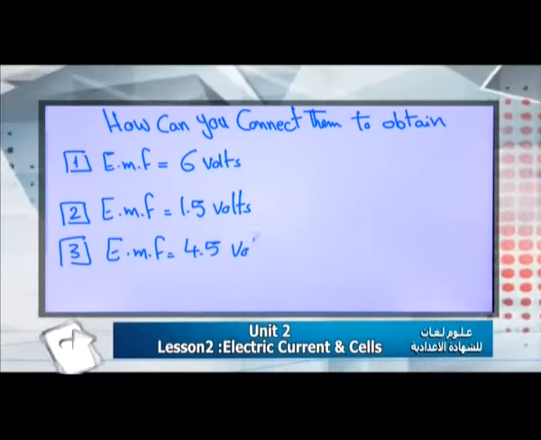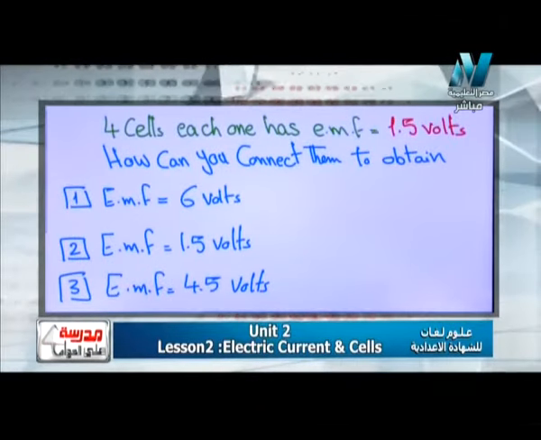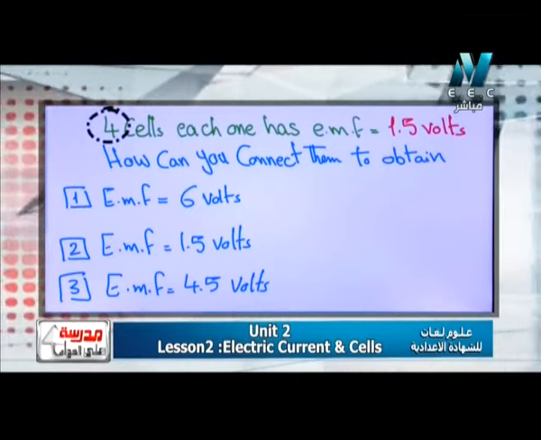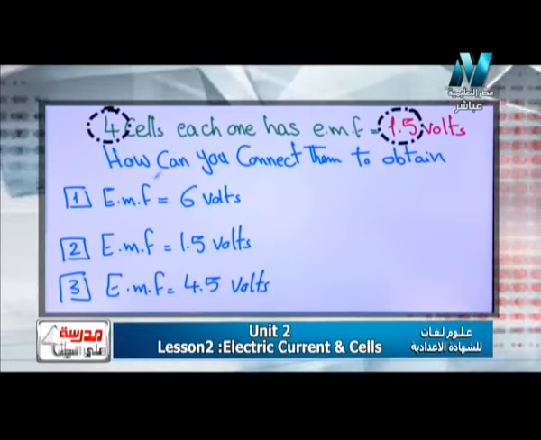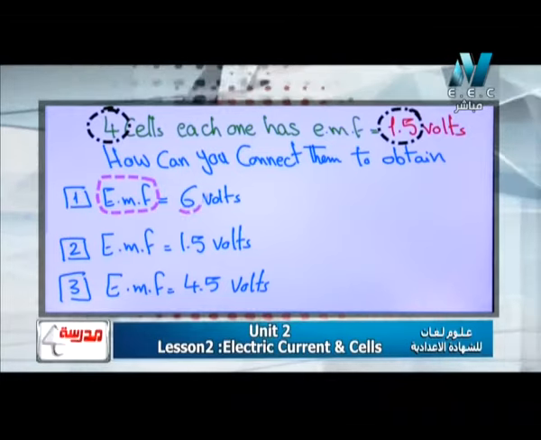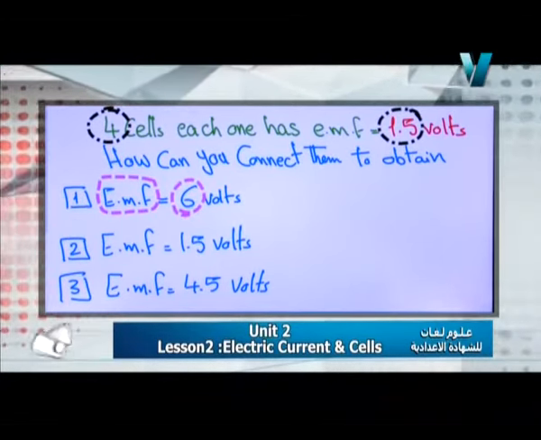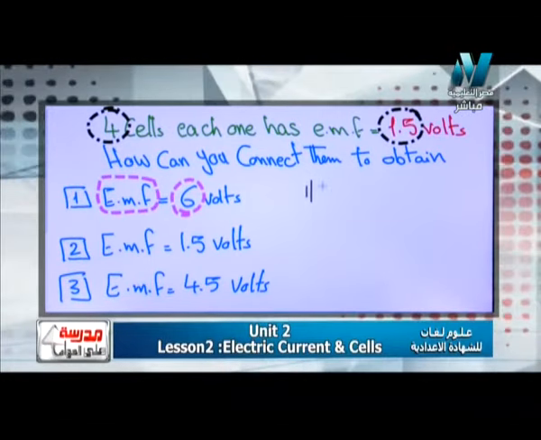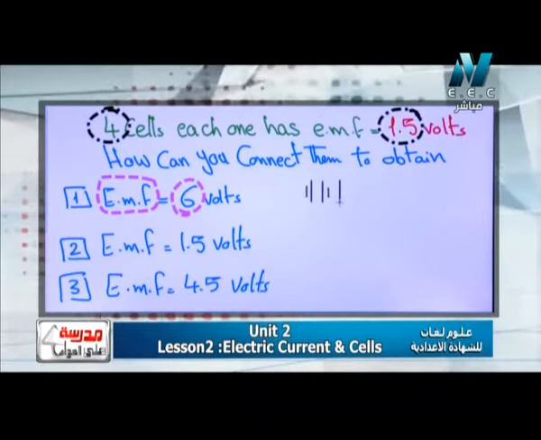As we have number 1, we want to connect the 4 cells, each one of them has 1.5 volts, to obtain electromotive force equal to 6 volts. How? I say we connect them in series. Each positive pole is connected with the next negative pole. We have how many cells? We have 4 cells.